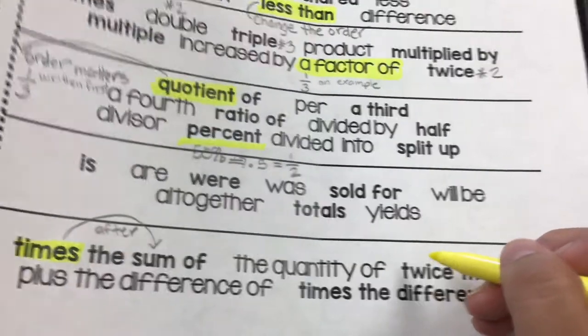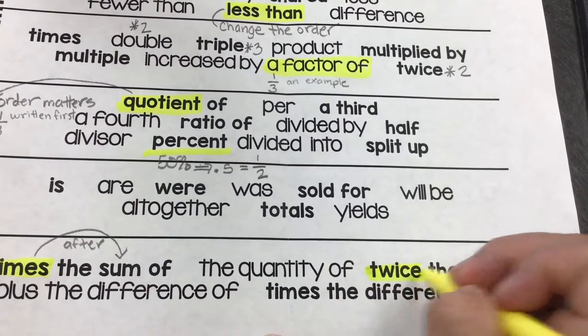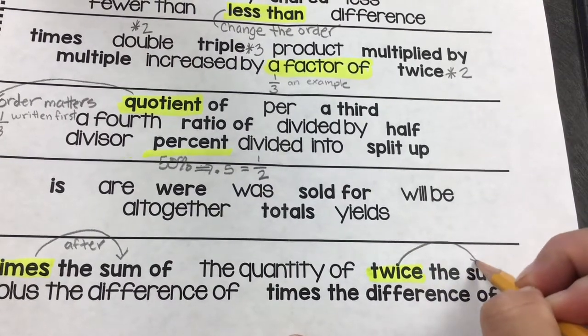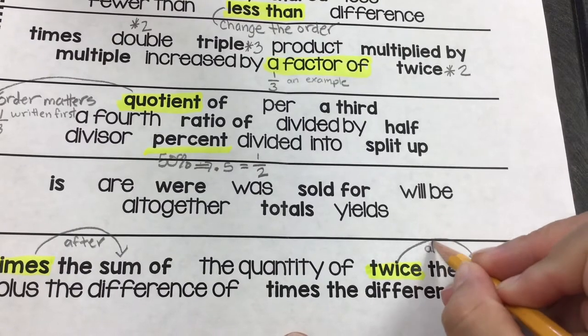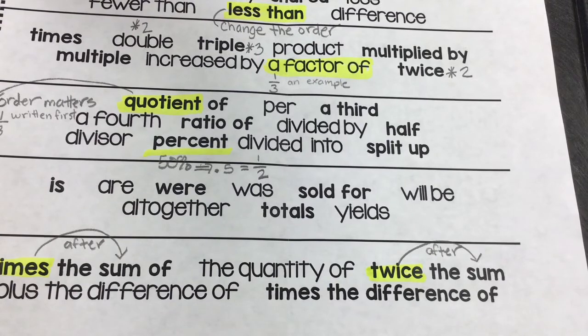So right here, we do the same thing twice, which we know means multiply after we added. So in all of these, they want you to do an operation first and then multiply.